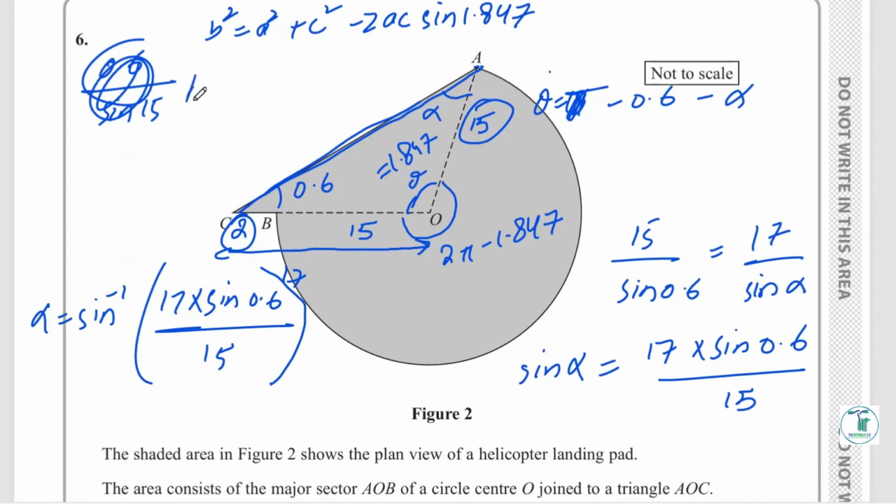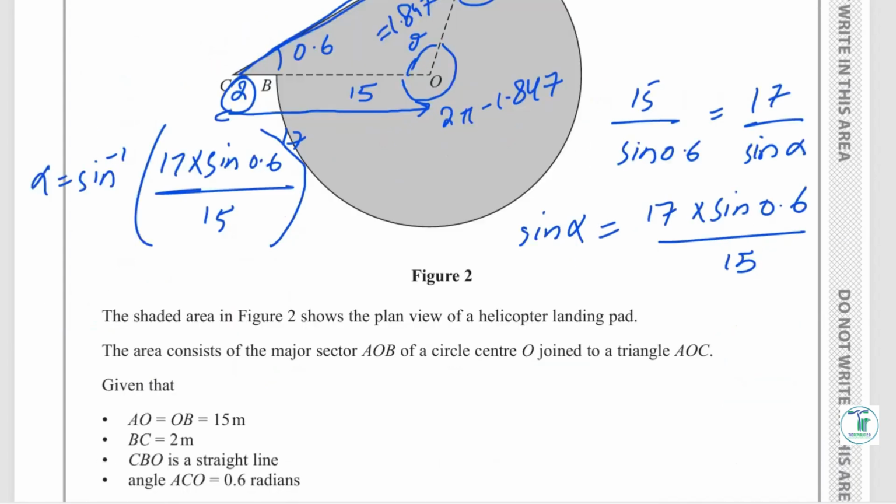So we just need to plug the values in. b squared is equal to 15 squared plus 17 squared minus 2 times 15 times 17 times the cosine of 1.847. By solving this, you'll get b. And for the arc, you can use l equals r theta.